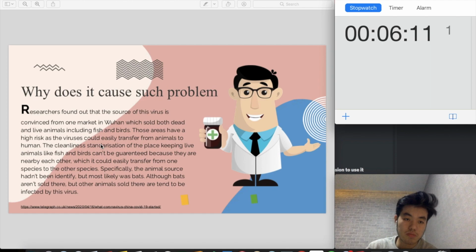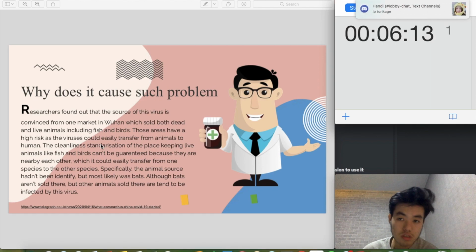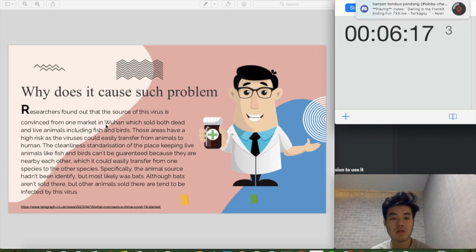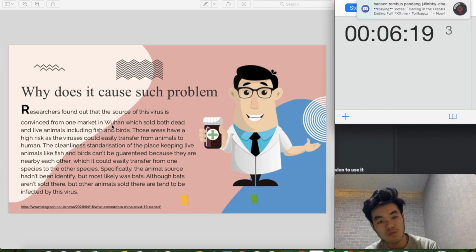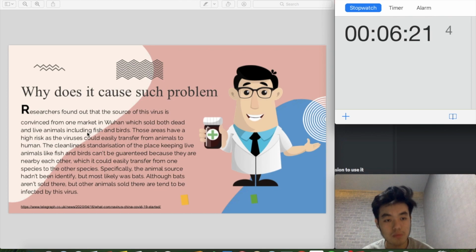So why does it cause such a problem? Researchers found out that the source of this virus is believed to be one market in Wuhan, which sold both dead and living animals including fish and birds. Those areas have a high risk as the virus could easily transfer from animals to humans.